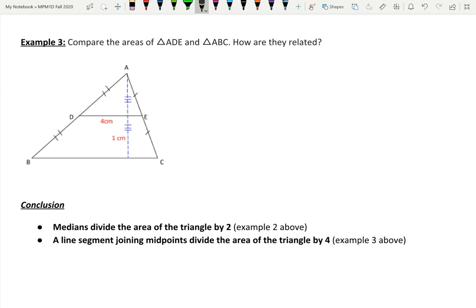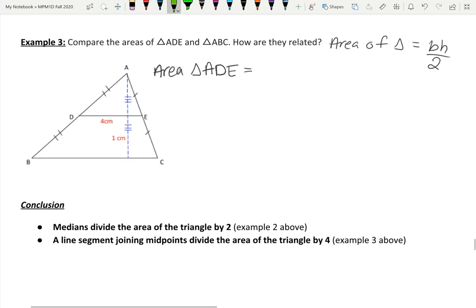Now remember, the area of a triangle is equal to base times height over 2. So the area of triangle ADE is base times height over 2.